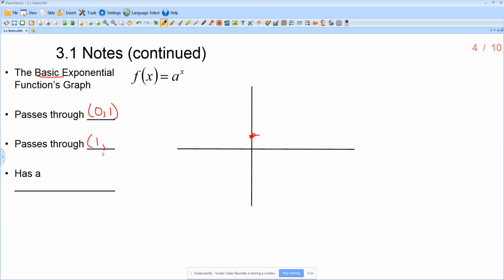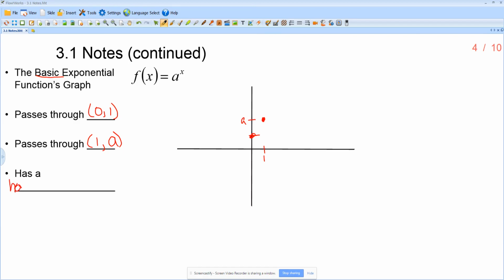Next, it passes through (1, a). Whenever I put 1 into a basic exponential function, I'm left with just a. And when we talk about a basic exponential function, we mean one that hasn't been shifted, reflected, or stretched. So here I have (1, a), where a represents whatever the base is.